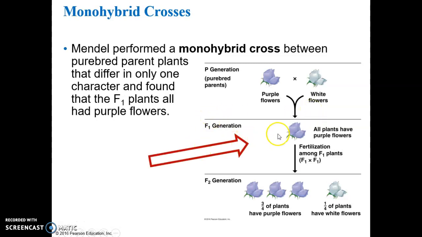And what he found in the F1 generation was that all of the offspring had purple flowers, which is interesting if you think about that, because the purple flower from one of the parents came through to the next generation, but the white color from one of the other parents did not come through in the F1 generation. It basically disappeared.